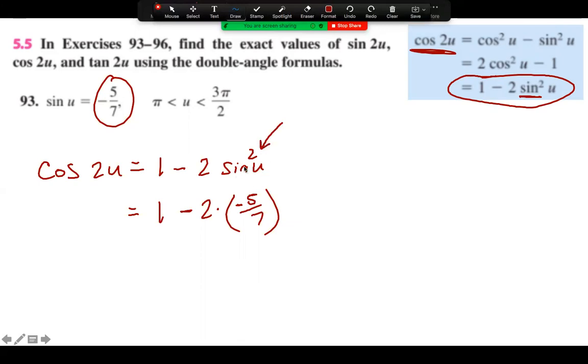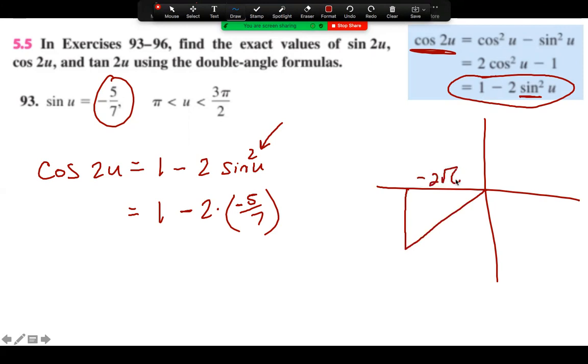So when I replace the sine ratio with -5/7, remember our triangle was in quadrant 3, and we had -2√6 as the adjacent, -5 as the opposite, and the hypotenuse was 7. So our sine ratio is opposite over hypotenuse, which is -5/7.